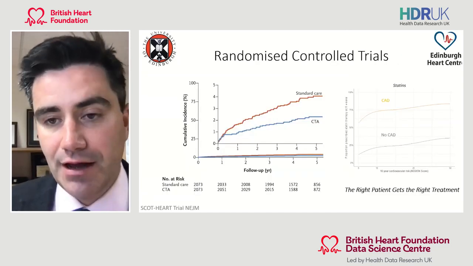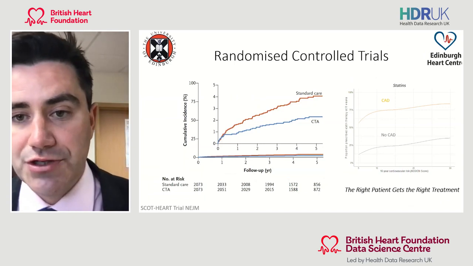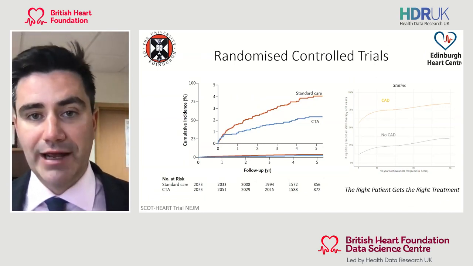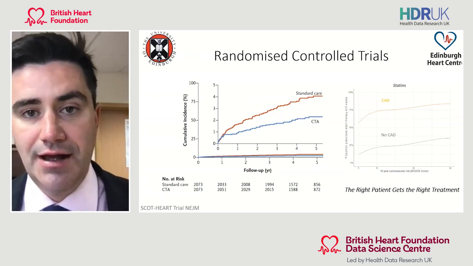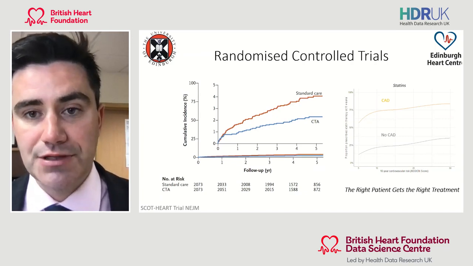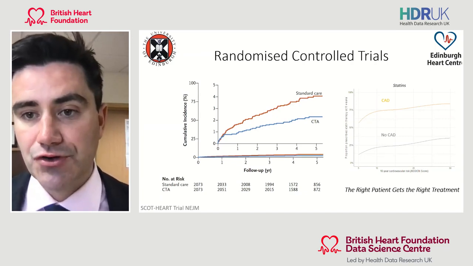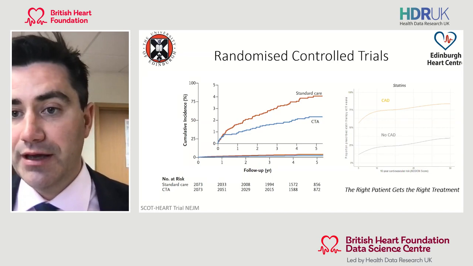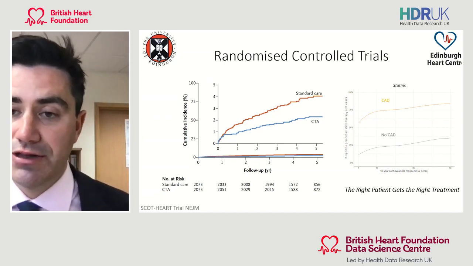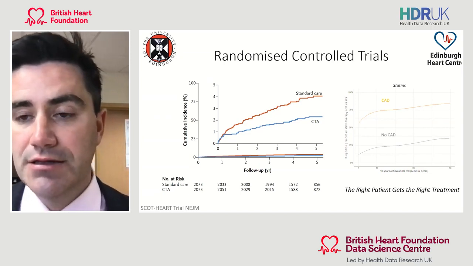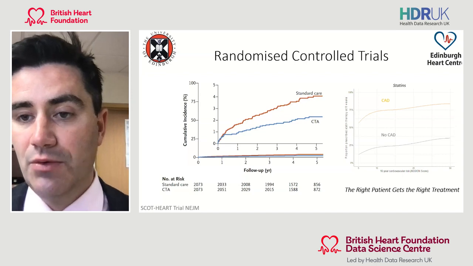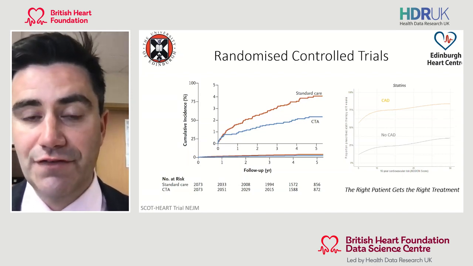And then finally, we can do randomized controlled trials. We can do trials seeing whether the application of a specific imaging test actually improves patient outcomes. This is the SCOT-HEART trial led by David Newby. Essentially, this study showed that if we use the CT scan to assess patients with chest pain, we can actually reduce their risk of having a future heart attack.